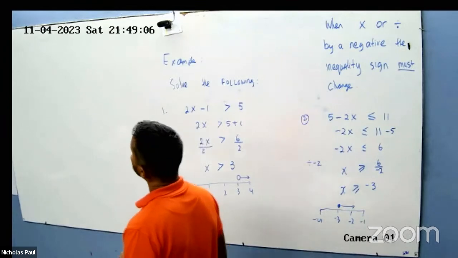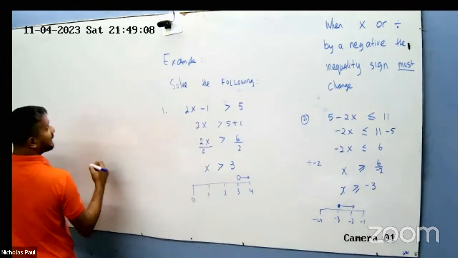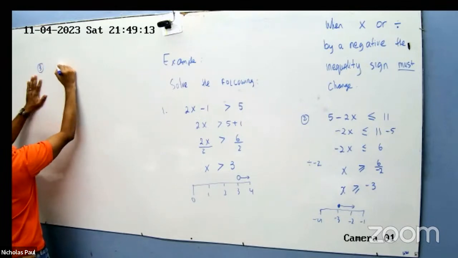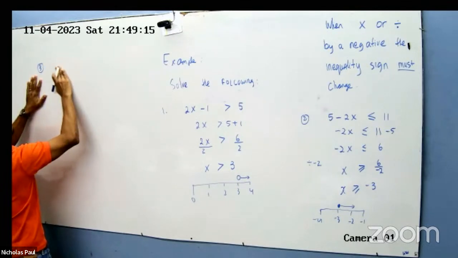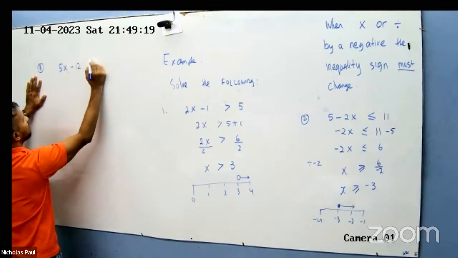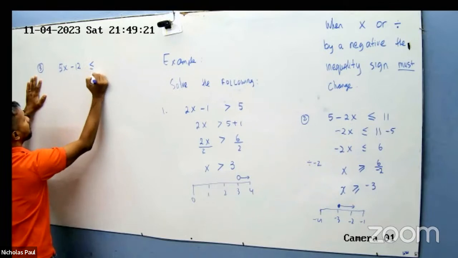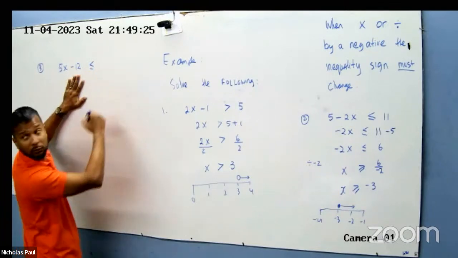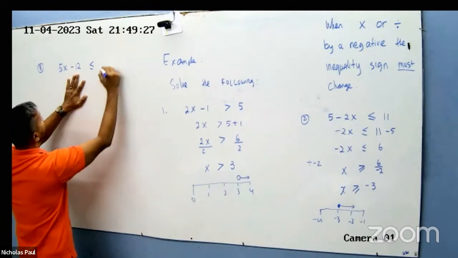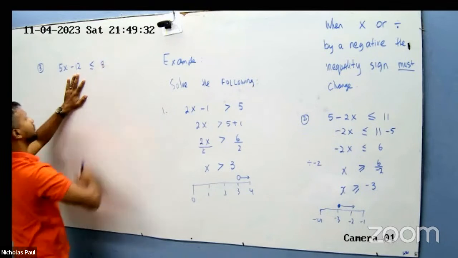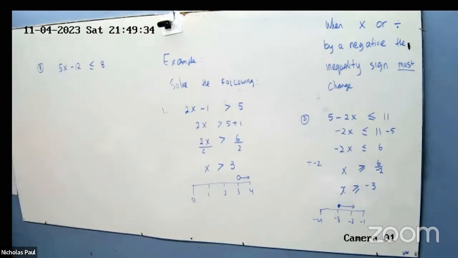Yeah, we have plenty to read. Plenty examples to do. Right, I will give you one here. Right, 5x minus 12 is, let me see, 8. Try that. I want the number line as well.